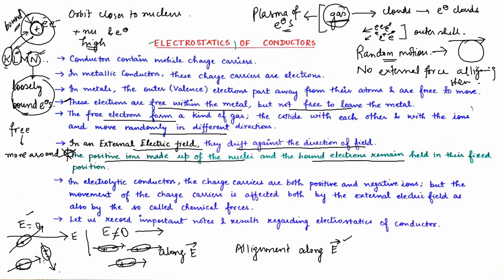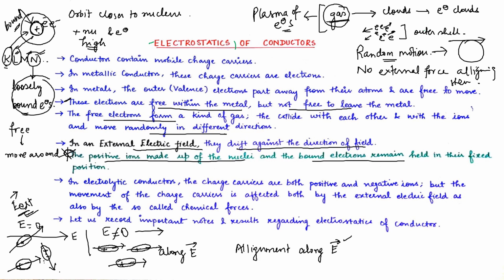or the outer shell electrons, which have extremely less attractive force towards the nucleus, will be aligned and will be affected by the given external electric field. So this is important.